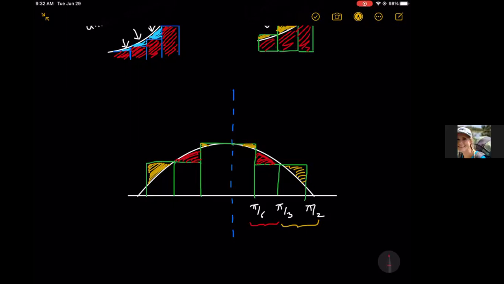My only question is from 0 to pi over 3. Even though we have an overestimate and an underestimate, it would come out as an underestimate, I think. Or do we need to write overestimate from 0 to pi over 6 and then from pi over 6 to pi over 3 under? Can we combine them or no? No, you can't really combine those, because you never know what will happen.